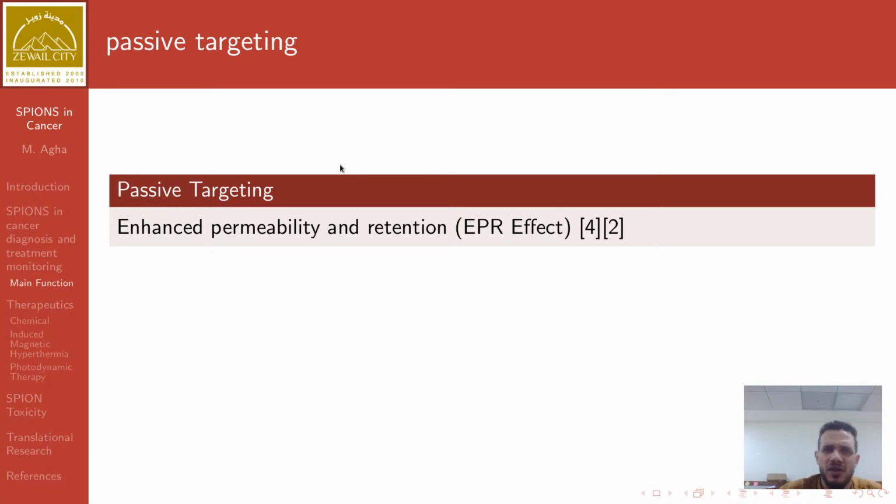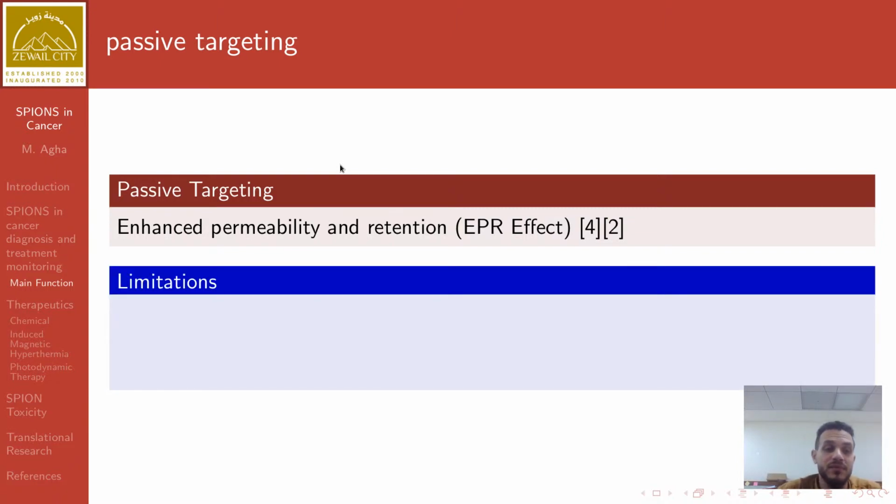We rely on physiological states that are exhibited there, that there is a lot of angiogenesis, which means blood vessel generation, and the blood vessels are wider than usual. We use that to target those cancerous cells. Of course, there are a lot of limitations to this technique.